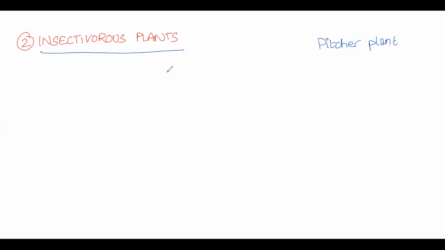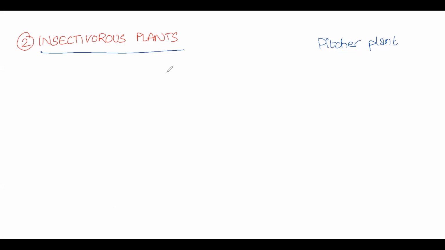Okay, so there is a hand raise. Yes. It's like a vase, and there will be tiny hair-like things, and when the insect comes and sits on it, the cap closes. That's correct. So I have another hand raise.